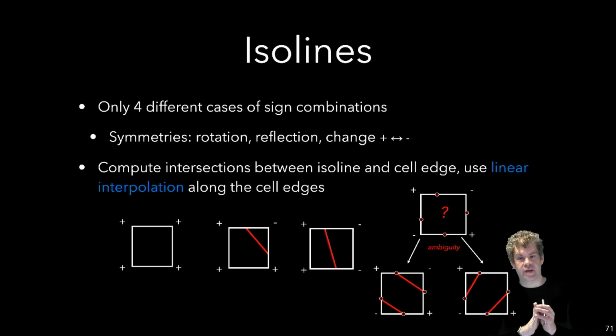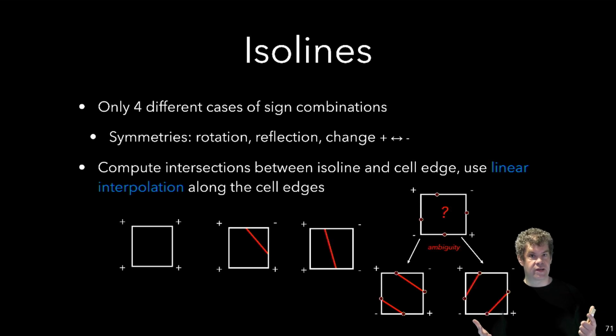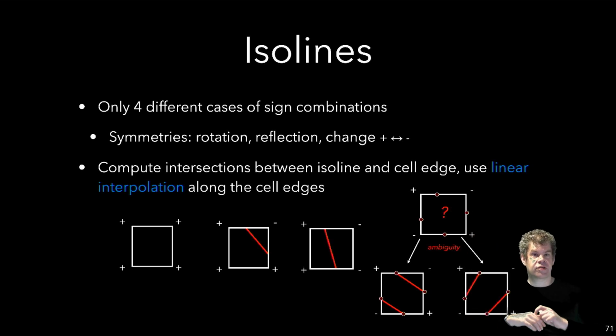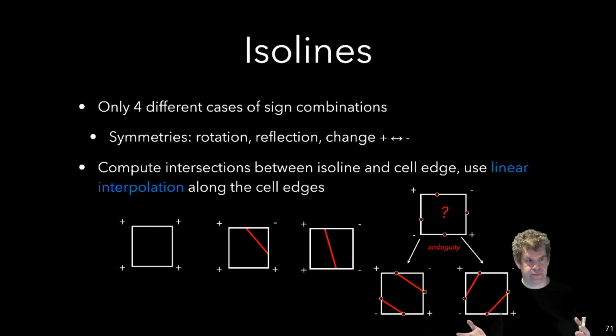And question 2 is, if I happen to have such a case here where I've got the kitty corner configuration, I have to figure out whether I want to draw it this way or that way. Once I've figured out these two things, where are the points for all cases, and how do I resolve this ambiguity? I just draw and proceed to the next square, do this for all squares, and I'm done.